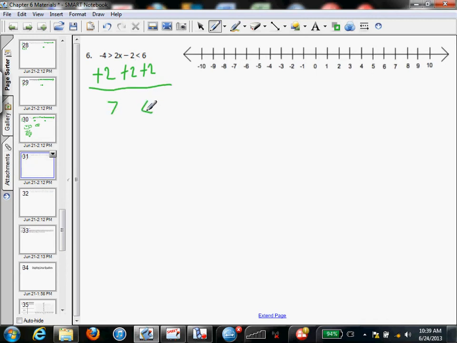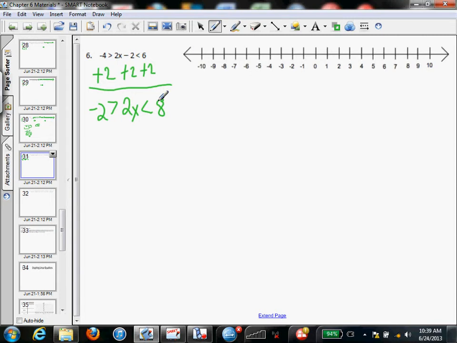Bringing down all of our inequalities, because we did not deal with any division, we can just bring the 2x in the center down. Working on this left side, negative 4 plus 2 is just negative 2, and on the right side we have 6 plus 2, which is 8.